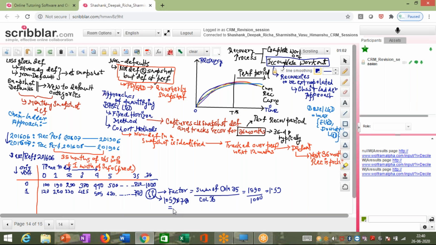So now you will have your observed values of the recovery rate, right? And 1 minus that recovery rate will become your observed LGD. Then with that observed LGD, you develop the model, right?